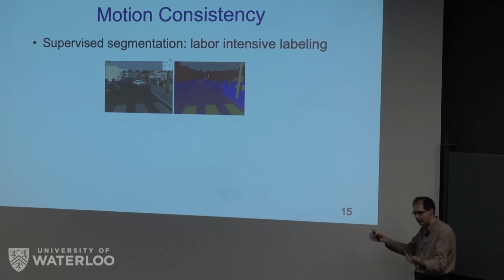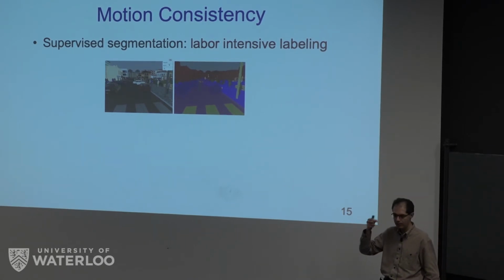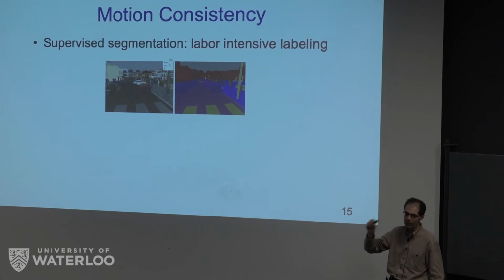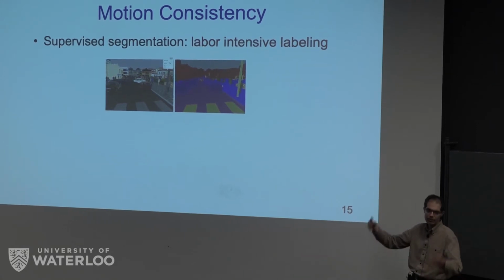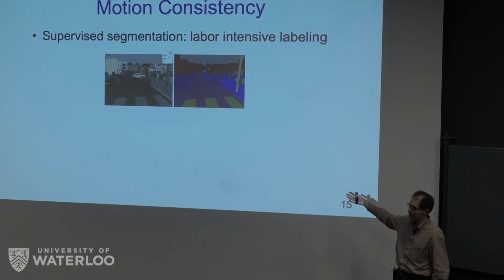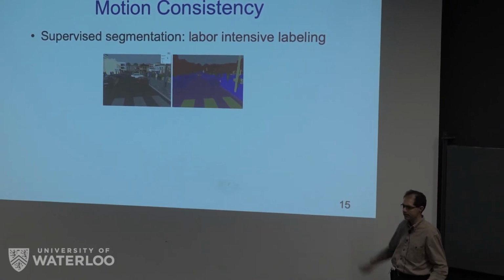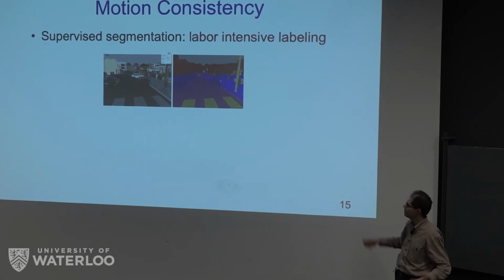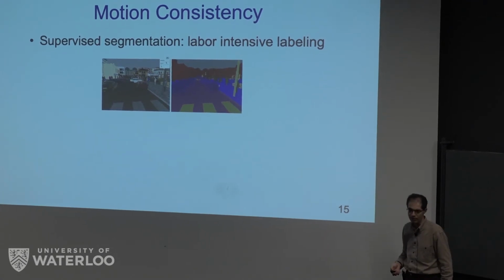So I could have different classes, and then the problem here is to get a predictor that can label every single pixel correctly. But to obtain this ground truth, if we ask somebody to provide the labeling, obviously this is very time consuming because there are so many pixels to label.